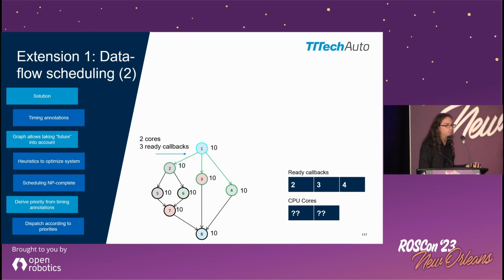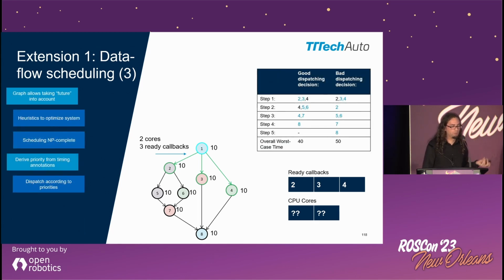However the operating system scheduler is configured, 2 of them will fire first, right? Because maybe the data is there first, or maybe the scheduling priorities are configured accordingly. But we want to do this explicitly and derive priorities for those.